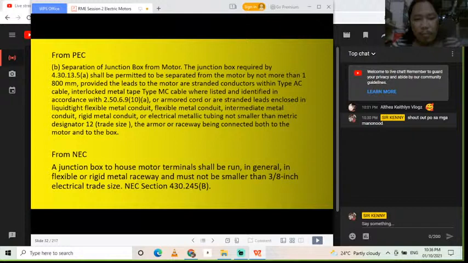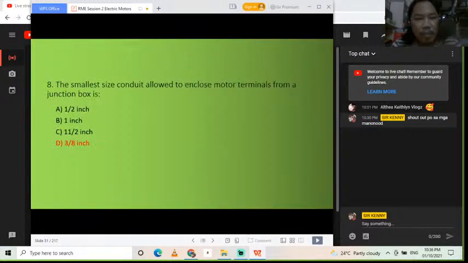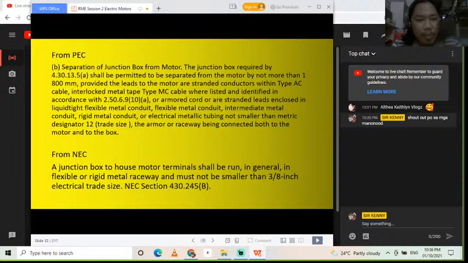Ay, ano bang tanong? Yung pinakamaliit daw na size ng ating conduit. Okay? So, nakalagay naman dito, not smaller than metric designator 12 trade size. The armor or raceway being connected both to the motor and to the box. So, designator 12 ang nakalagay. So, pagdating naman sa National Electrical Code, 3/8 inch.